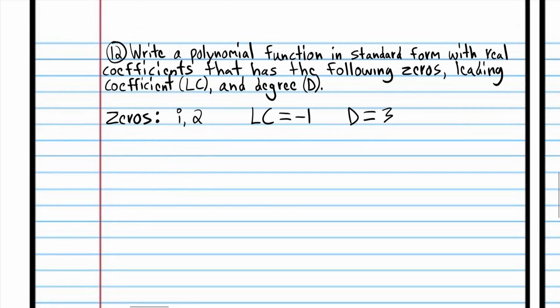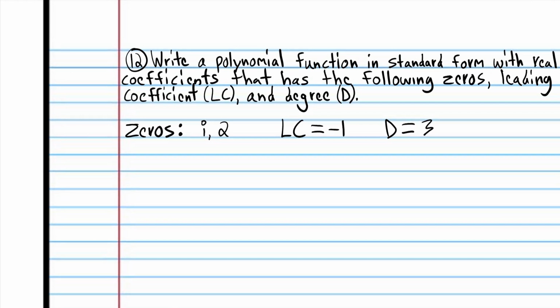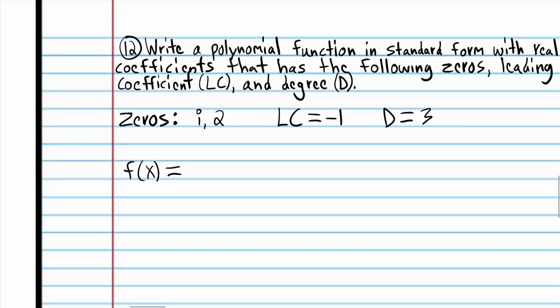So it says write a polynomial function in standard form with real coefficients that has the following zeros, leading coefficients. So we'll call this f of x. So we want the leading coefficient to be -1. So I'm going to write a -1 there. We know that x minus 2 is a factor because of the factor theorem. Remember the factor theorem?